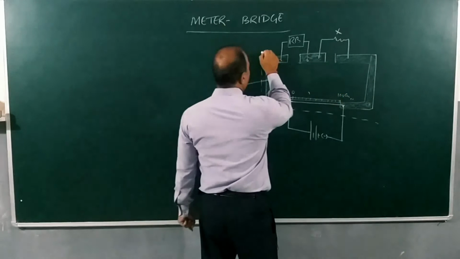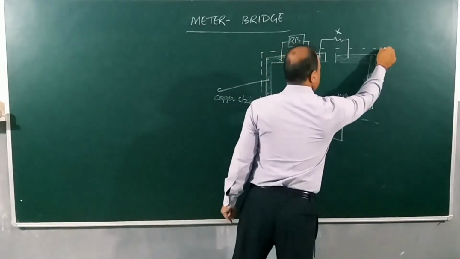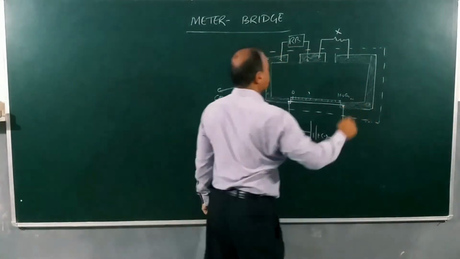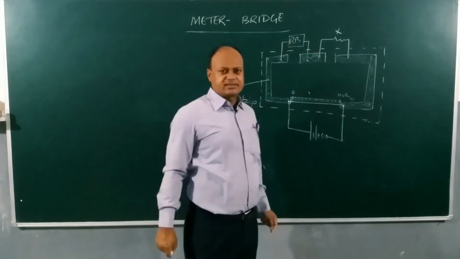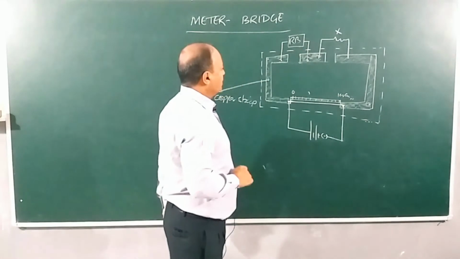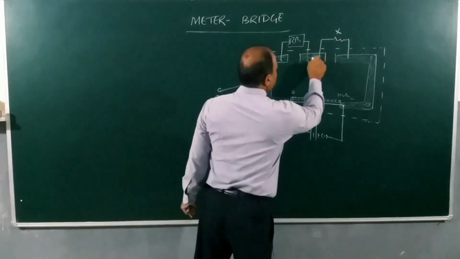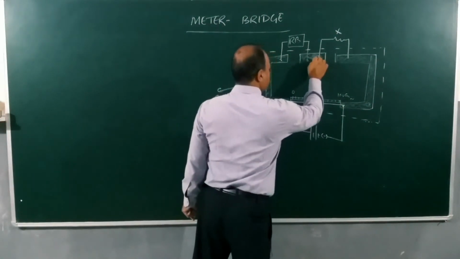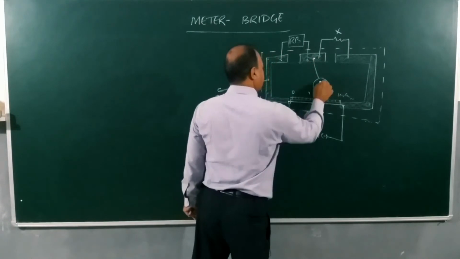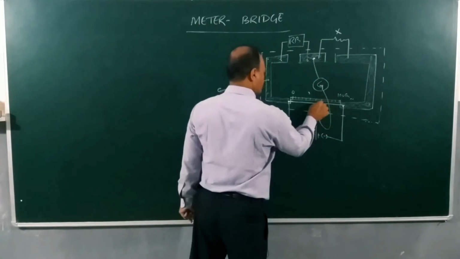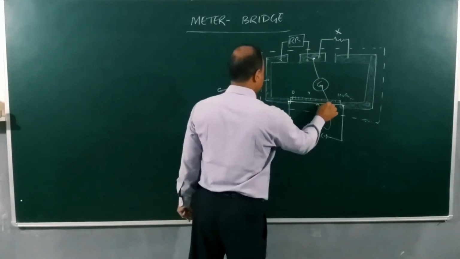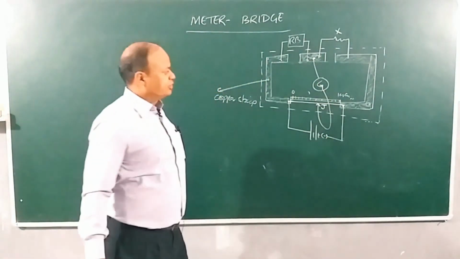Suppose I want to calculate this unknown resistance X, right? Between these two, here we have another terminal, where we connect a galvanometer, and the other end of the galvanometer is connected to a jockey. Jockey is denoted by J.